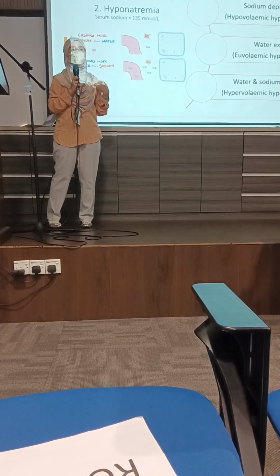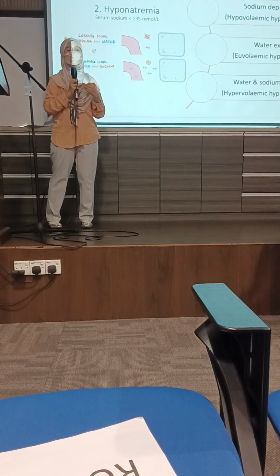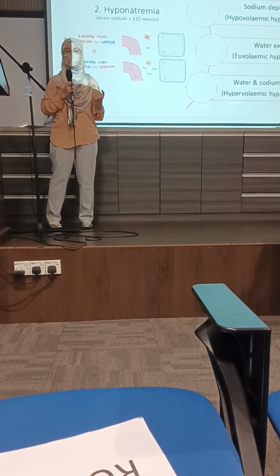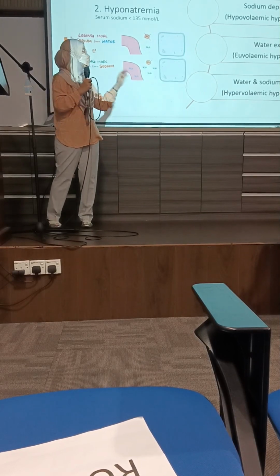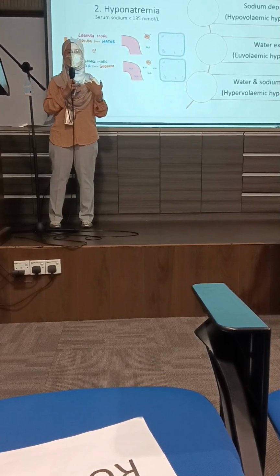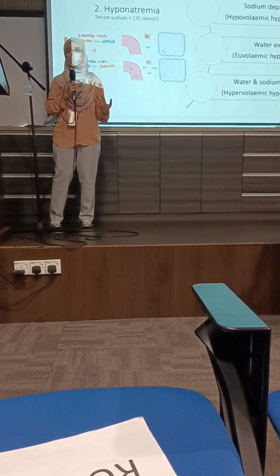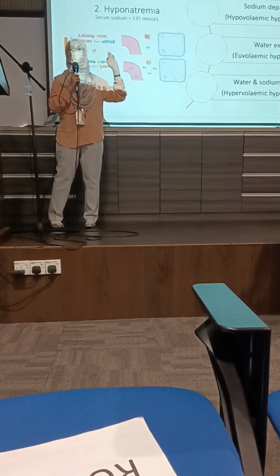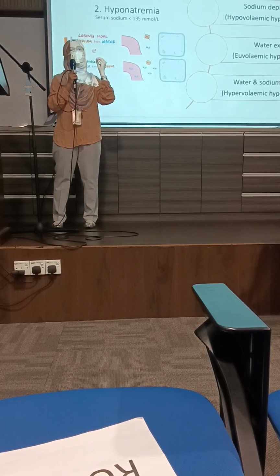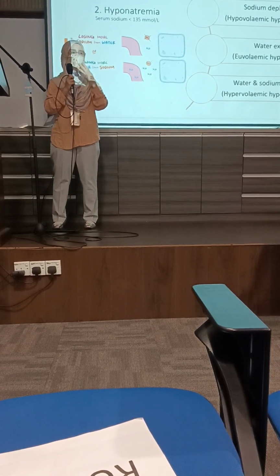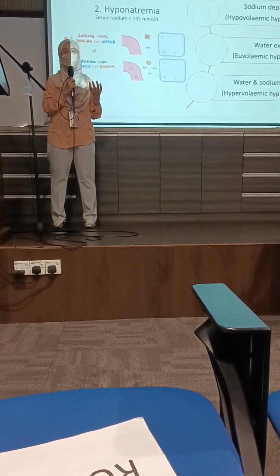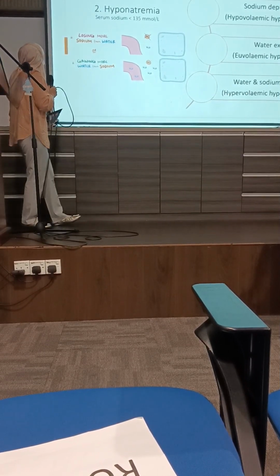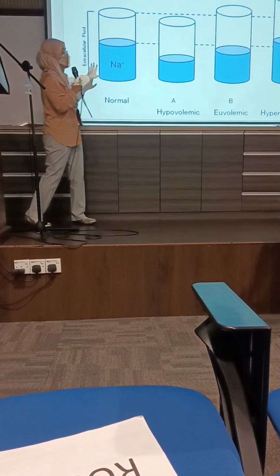You look at the volume status of the patient, whether the patient is overloaded or not. If you see signs of peripheral edema, that is hypervolemic. Euvolemic means like us, no signs of hypo or hyper, just normal. But in hypovolemic, you get signs of low volume: dry mucous membrane, reduced skin turgor, meaning dehydrated.